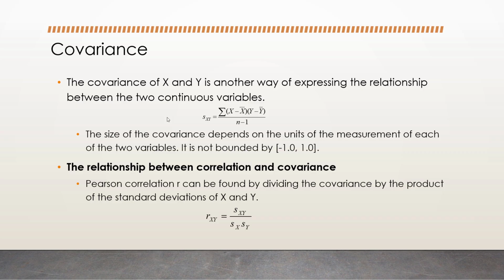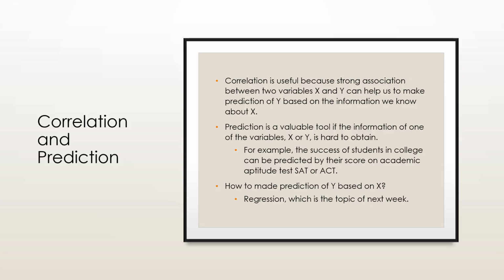Correlation and covariance are mathematically related. Pearson's R can be found by dividing the covariance by the product of the standard deviations of x and y. Correlation is useful because a strong association between 2 variables, x and y, allows us to predict y based on the information we know about x.